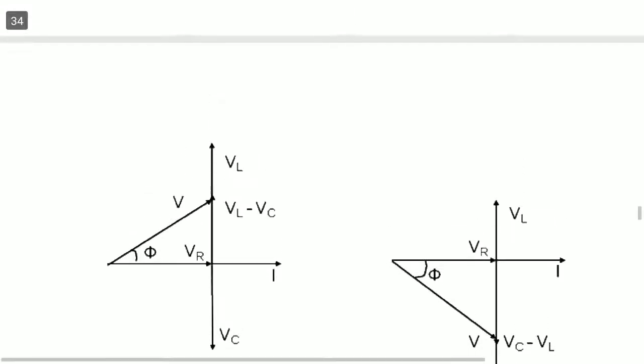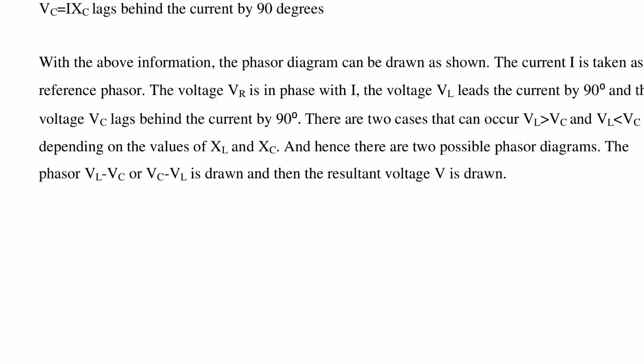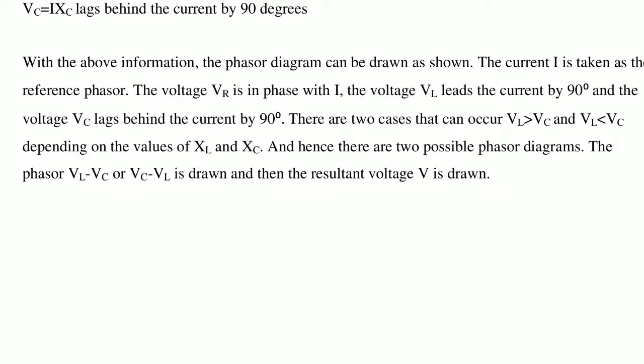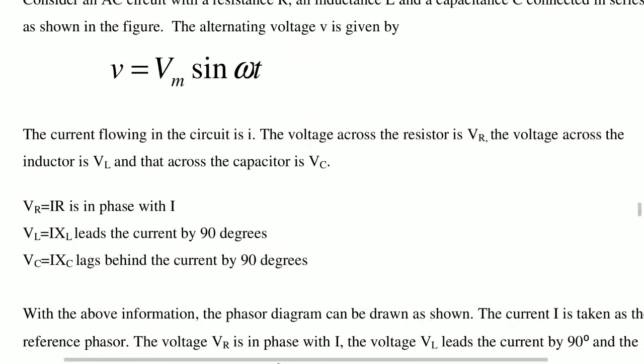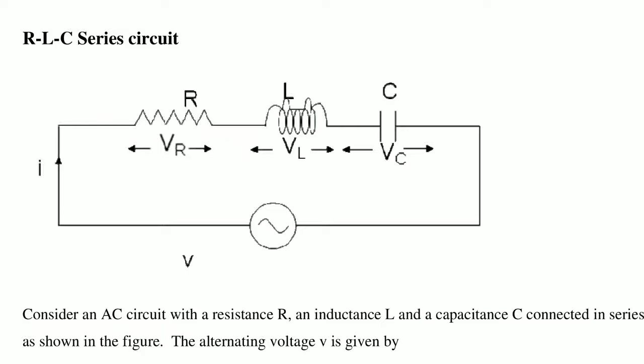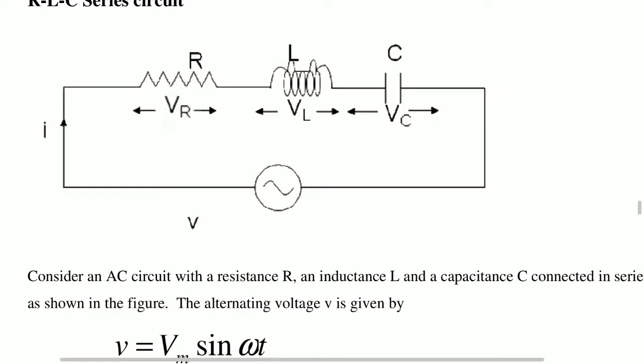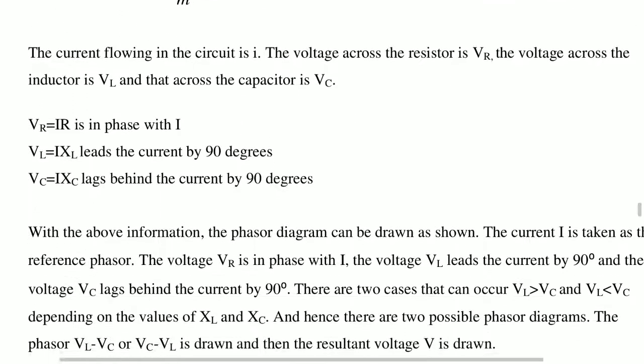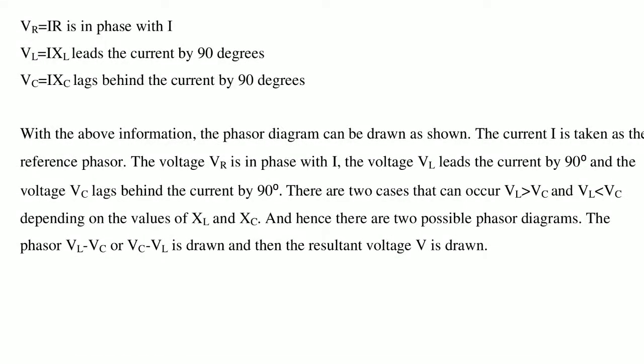Now there are two cases that can occur. In the figure, VL and VC: either VL is greater than VC, or in the other case VC is greater than VL.